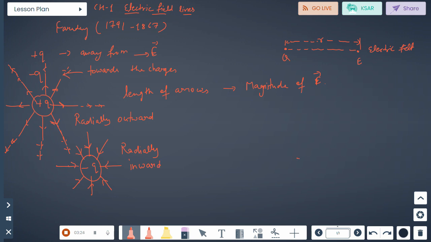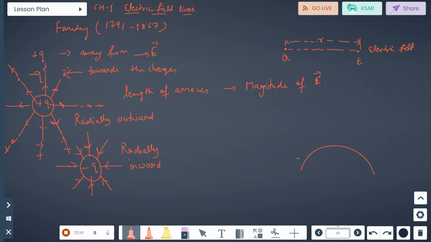An electric field line is an imaginary line or curve drawn through a region of space. Suppose we have a region, and the field lines are imaginary lines.